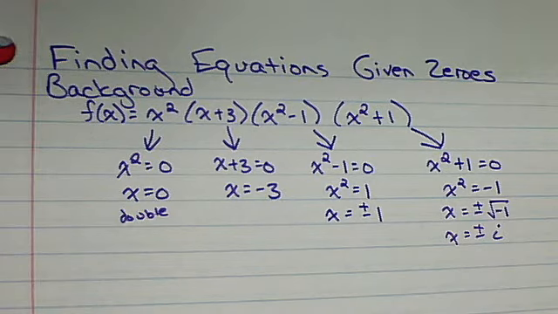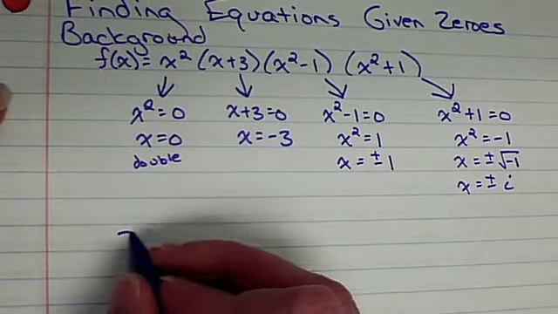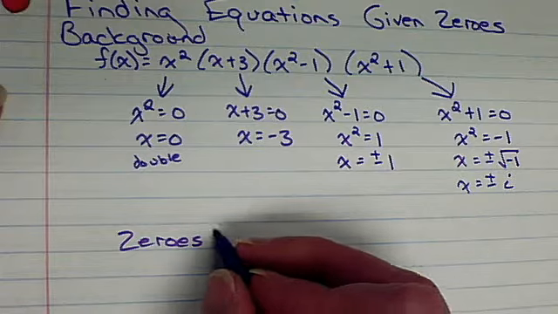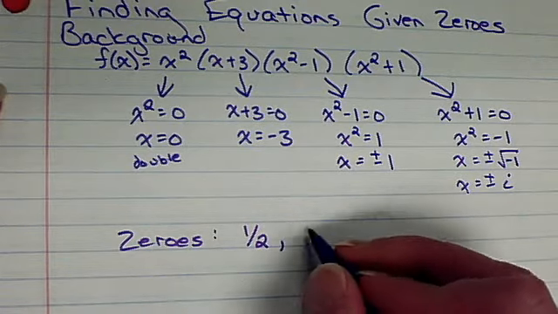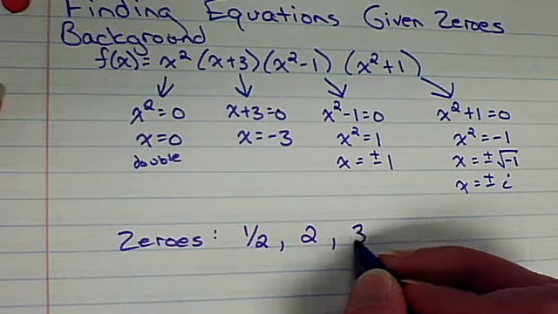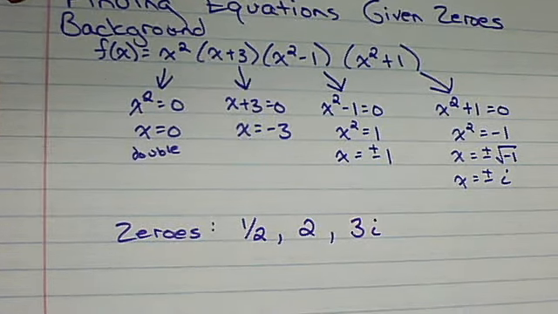Now, what if we work backwards? What if we are given that the zeros are, let's just say, 1/2, 2, and 3i? How could we work backwards?